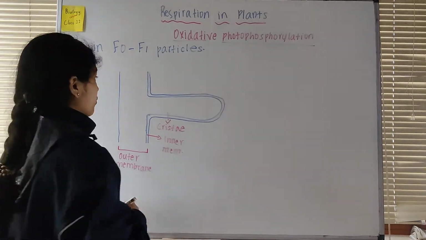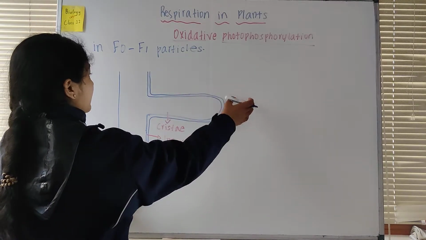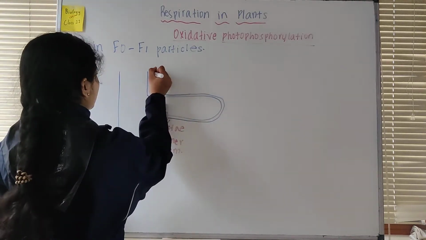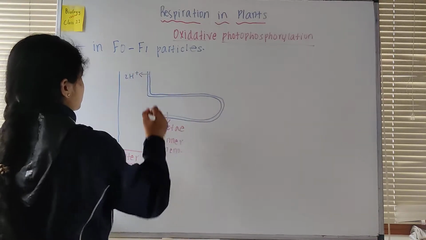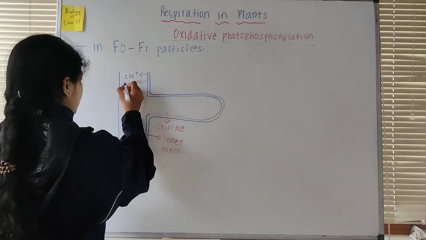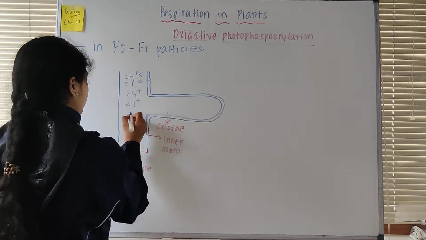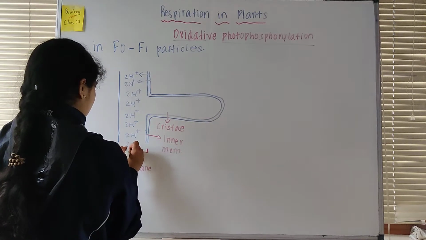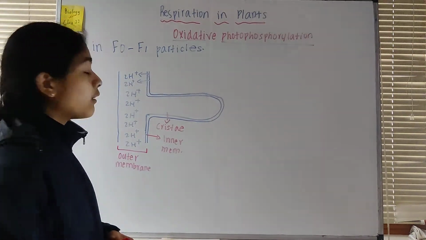The pair of protons get pumped from the matrix into the outer compartment of the mitochondria, like this. So the outer membrane is now full of protons, positive charge. These are the protons which are present in the outer membrane.